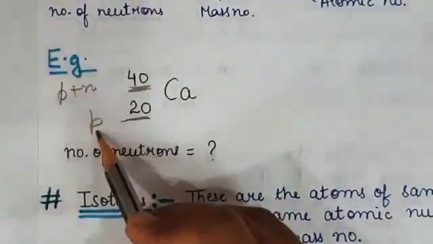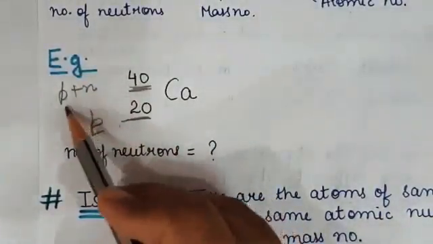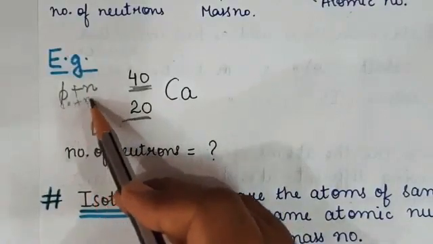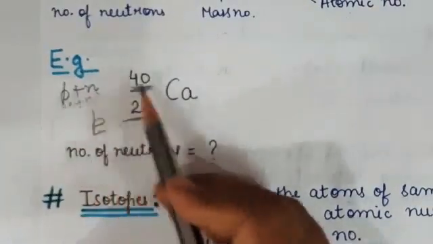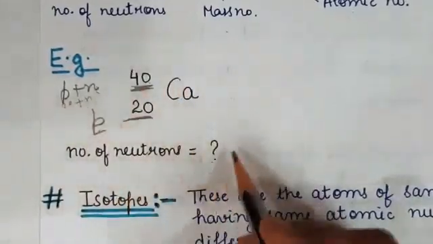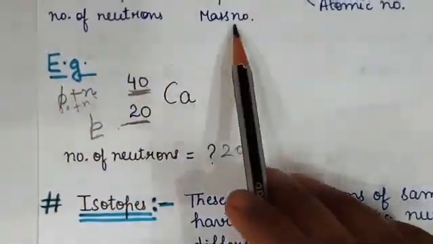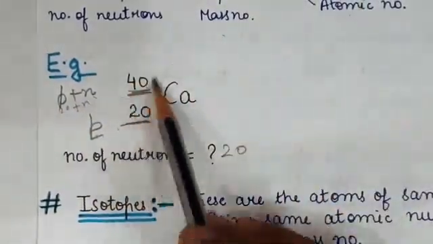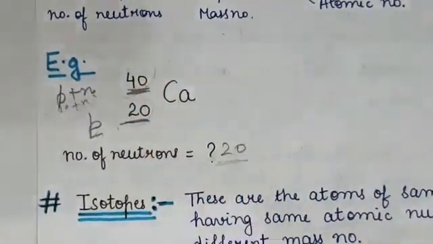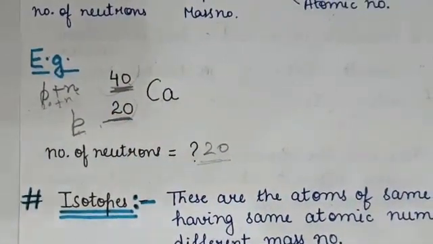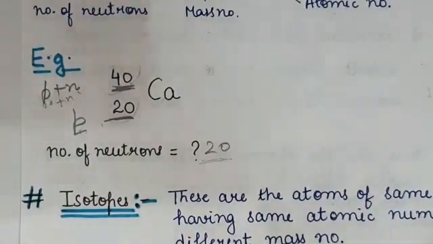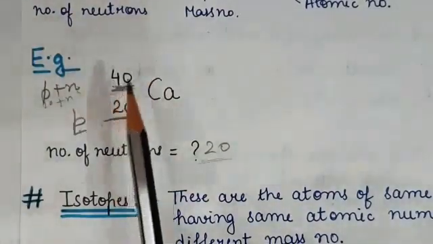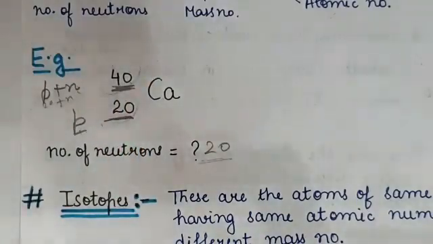So you can calculate the neutrons. 20 plus n is equal to 40. So n will be 40 minus 20. N is 20. That is mass number minus atomic number. 40 minus 20, 20. Simply. Clear students? Now you can calculate easily the number of neutrons if you know the mass number and atomic number.